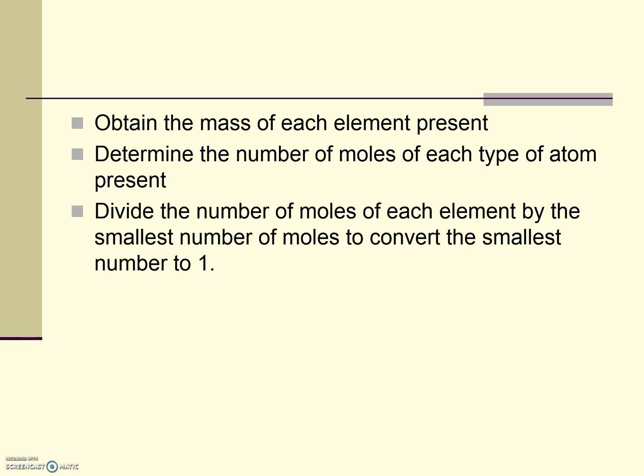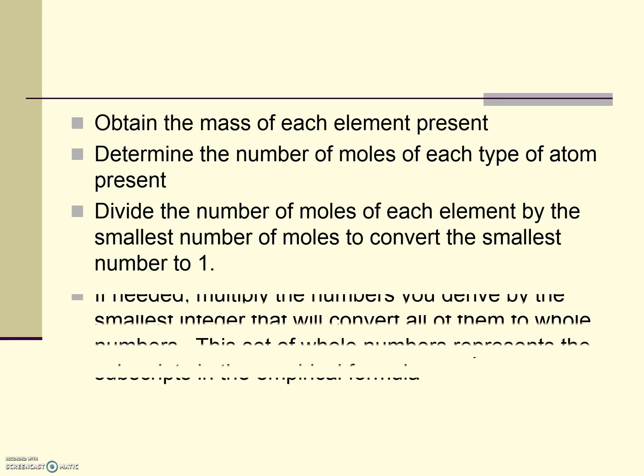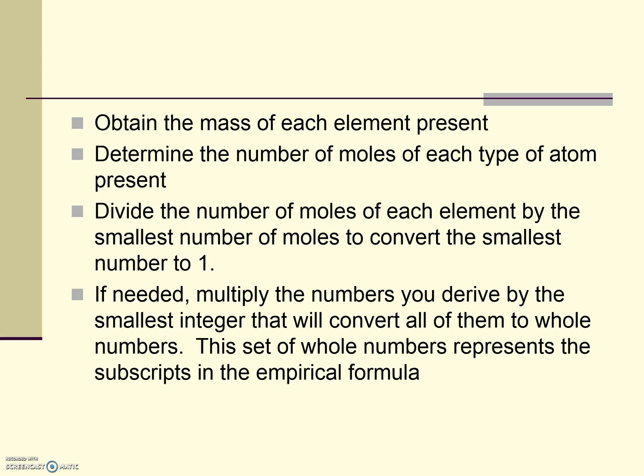So you're going to go ahead and figure out what our ratio is based on moles. And then, if needed, multiply the numbers you derive by the smallest integer that will convert all of them to whole numbers. This set of whole numbers represents the subscripts of the empirical formula.